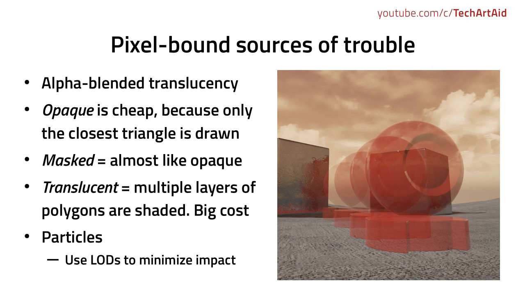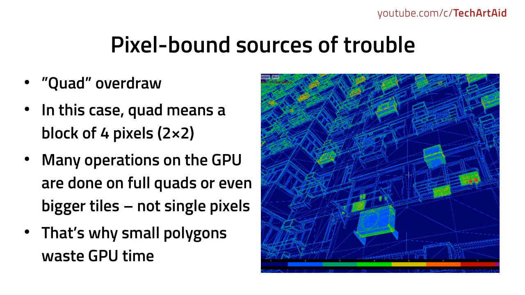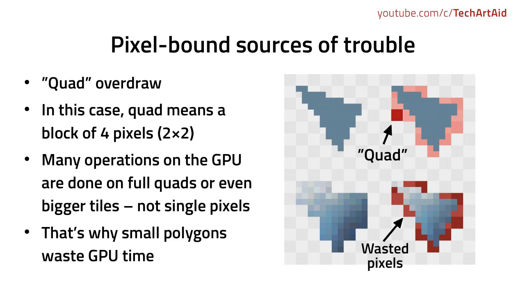Now, an unexpected source of performance issues that I think is not so well known among artists, while it should be, is the so-called quad overdraw. This is the reason why small polygons waste GPU time. In this case, a quad means a block of 4 pixels, 2 by 2.